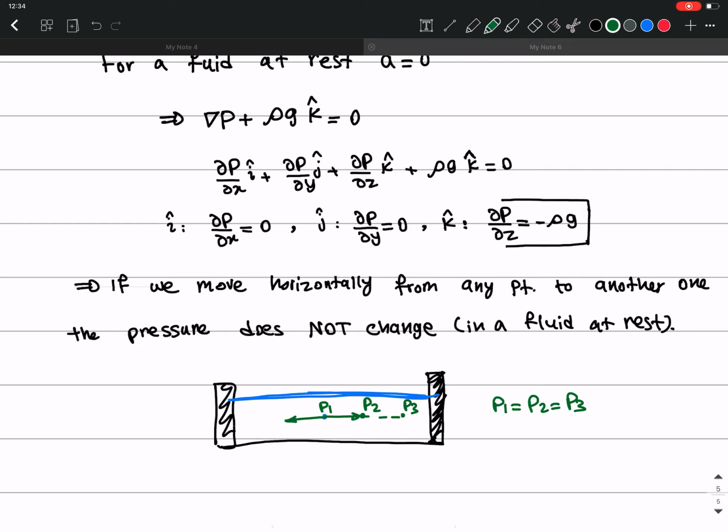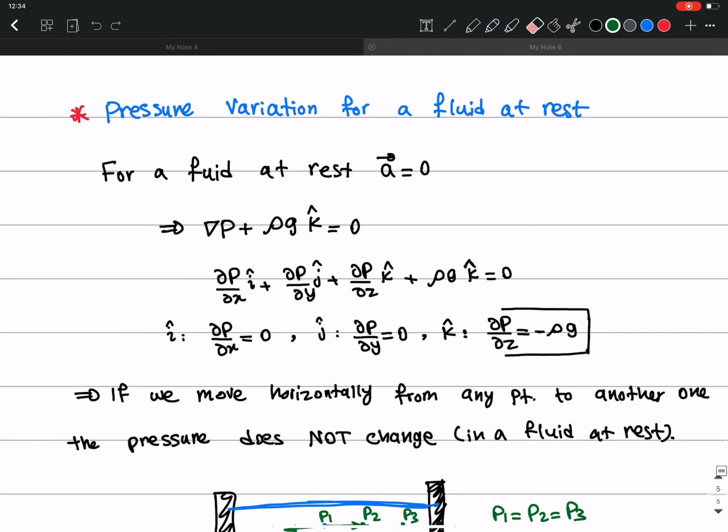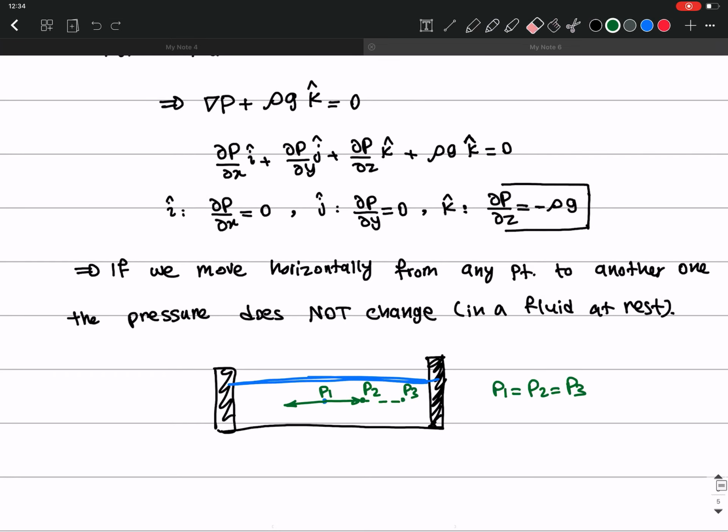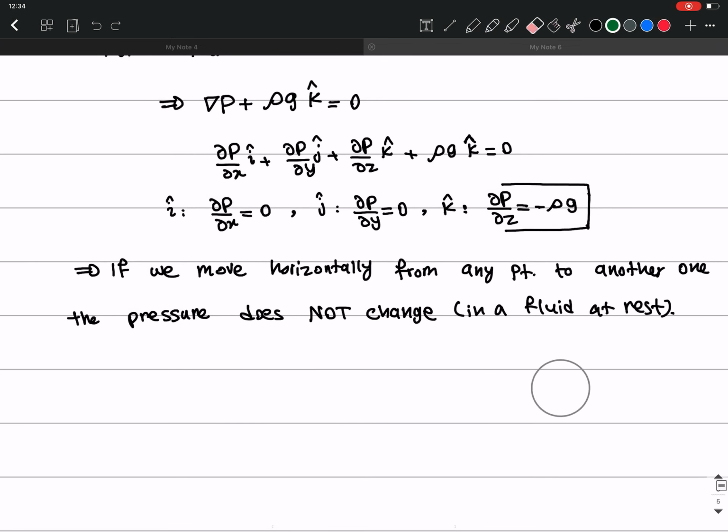And this is based on these two formulas. Okay. So this is the first thing for a fluid that is at rest. If a fluid moves, then things are going to be different. So we will talk about those later at the end of this chapter. But for the fluid at rest, this is what we have.